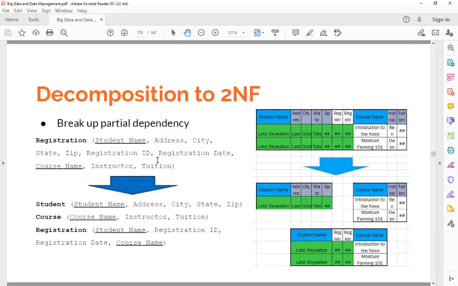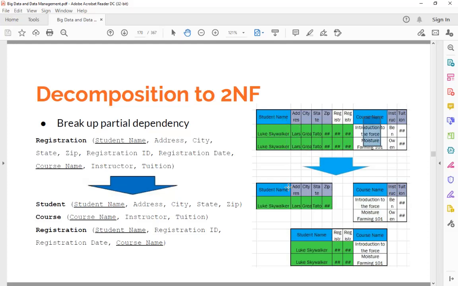So remember, there are three dependencies here in the original first normal form compliant table. You have the student name partial dependency. You have the course dependency. You also have the student name and course name dependency, right?